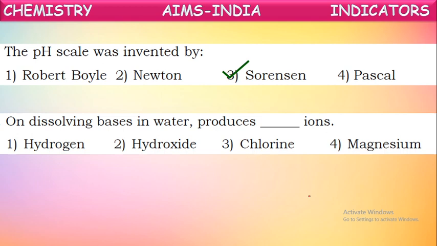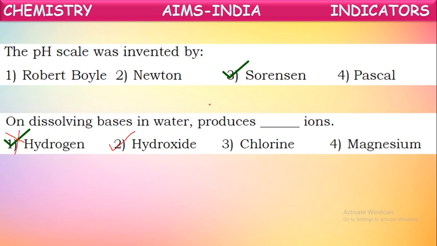When you dissolve bases into water, they produce OH minus ions, which are commonly called hydroxide ions or hydroxyl ions. So bases can produce hydroxyl ions or hydroxide ions.